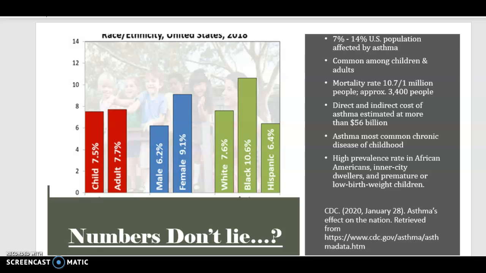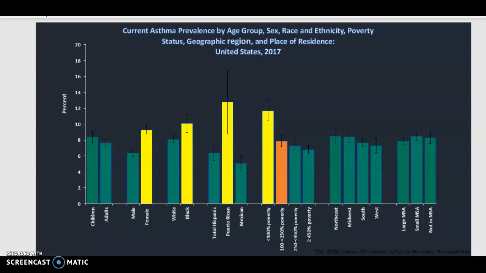But as you can see, the African American population has a higher incidence rate as compared to the white and Hispanic population. So the graph here is telling you about the current asthma prevalence by age group, sex, race, ethnicity, poverty status, geographical region, and place of residence in the United States.